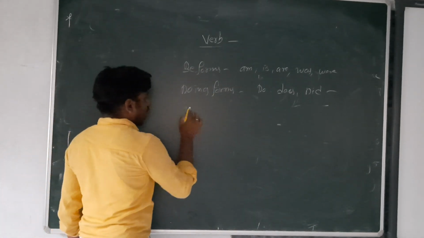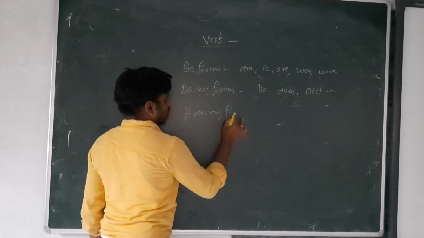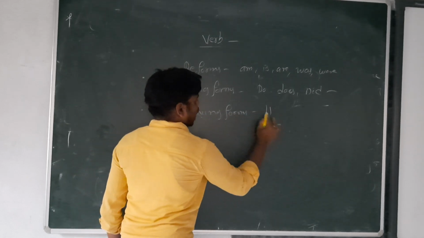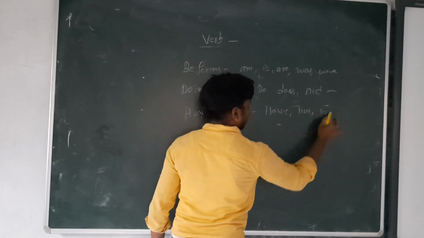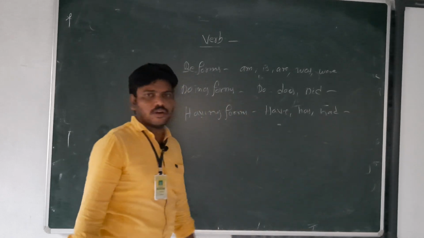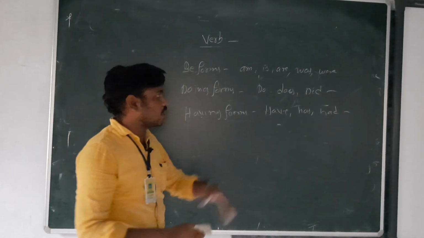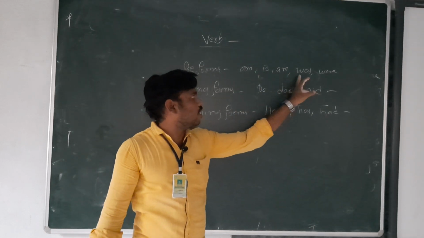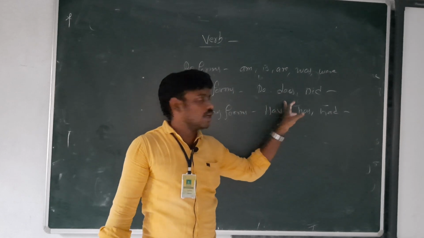Next, having forms. Having forms are have, has, or had. These are called having forms. So be forms are am, is, are, was, and were. Doing forms are do, does, did.